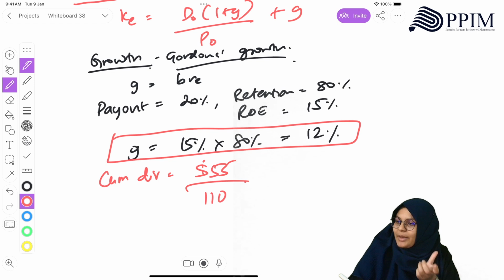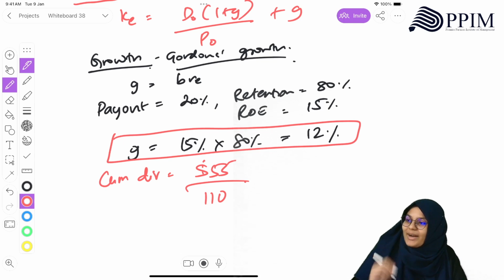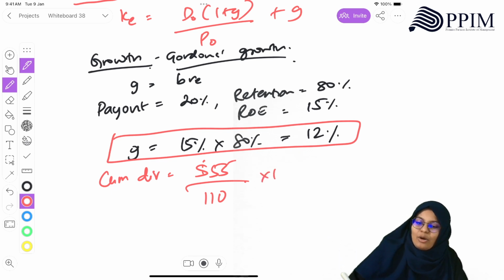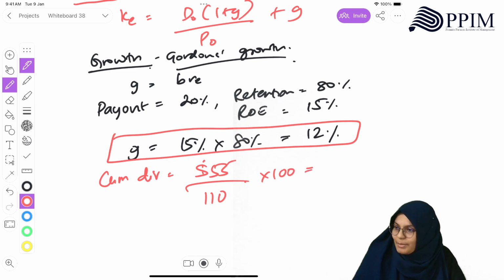What was the dividend payment? The dividend yield was given to me, it was 10%. I want to know what is the dividend. I want to know the ex-div, meaning how much this market price will be after I deduct the dividend. Okay, so 55 is when it is 110%. How much will it be when it is 100%?